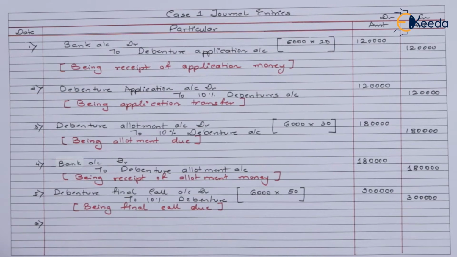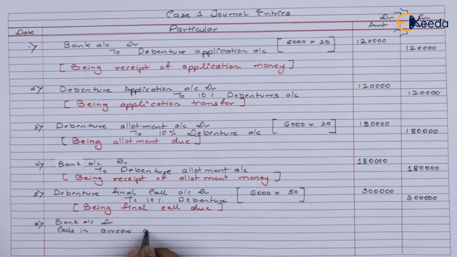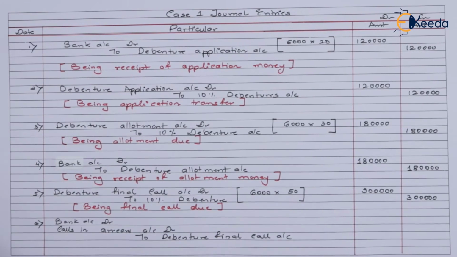The next phase is the receipt of final call money, which will have calls in arrears as discussed in case 1. In the question, it was mentioned that there is one shareholder who didn't pay the final call value on 500 debentures. So that is our calls in arrears.